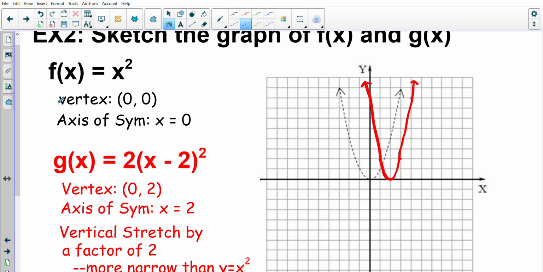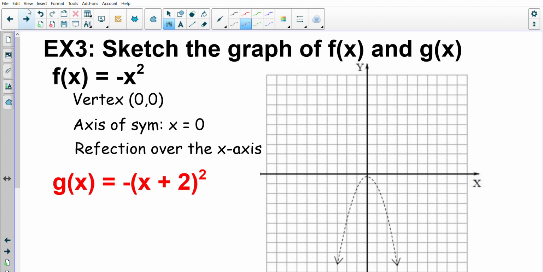Let's look at example 3. Notice I don't have just the plain old y equals x squared function. This one is negative x squared. So my a value is a negative, which means it's going to be upside down. It's going to reflect over the x-axis.